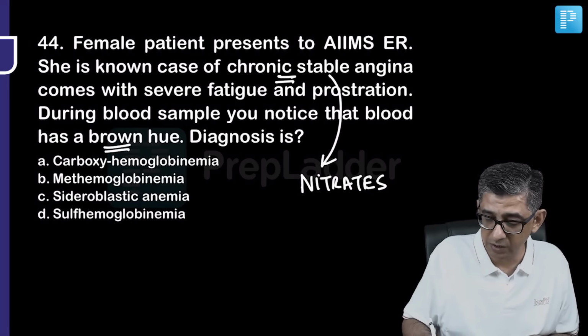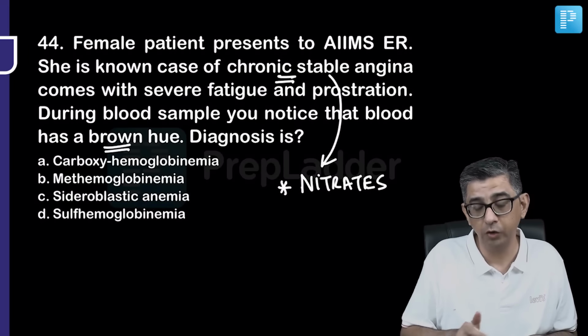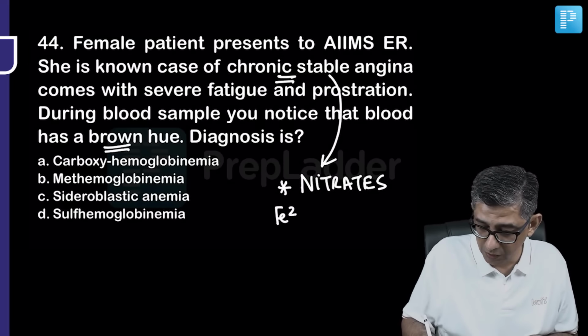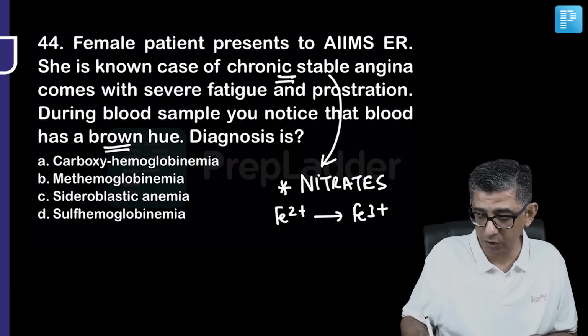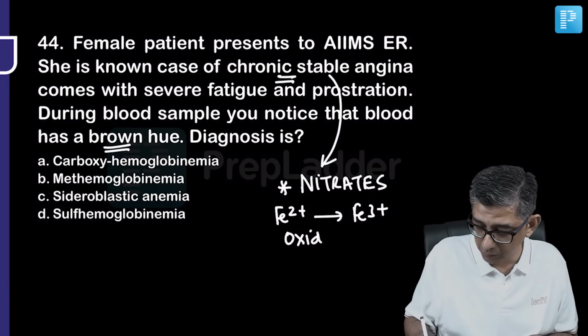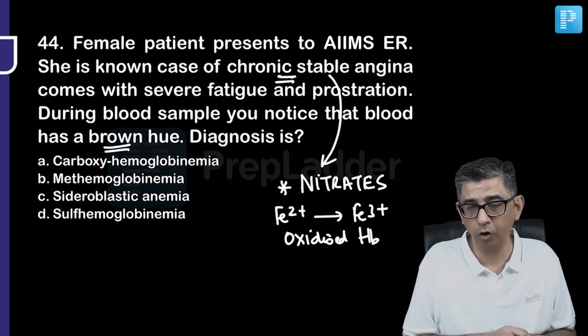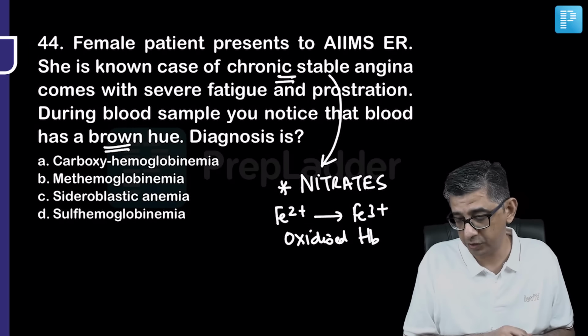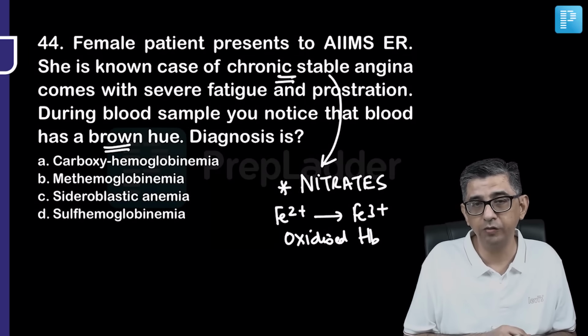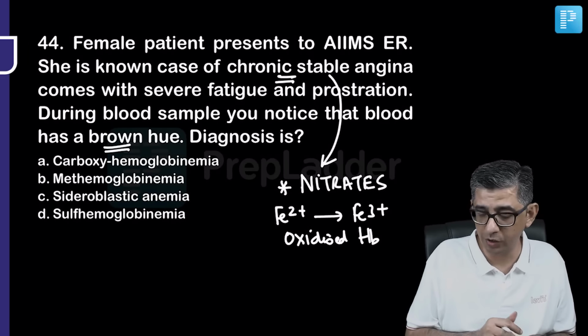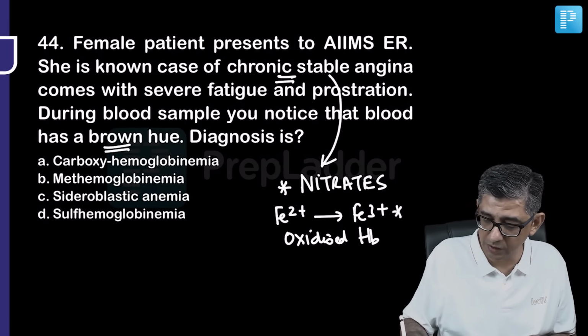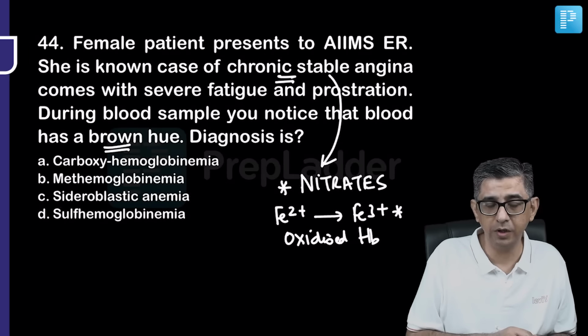But once these patients are on nitrates, these nitrates can cause Fe2+ of hemoglobin to be converted into Fe3+. Once you have oxidized hemoglobin being produced, this oxidized hemoglobin will not carry oxygen. Normally Fe2+ carries 4 atoms of oxygen. Now it will not carry oxygen, and therefore there would be hypoxia, and this oxidized hemoglobin also explains the chocolate or brownish discoloration of the blood.